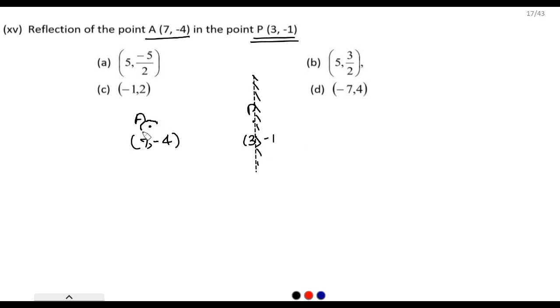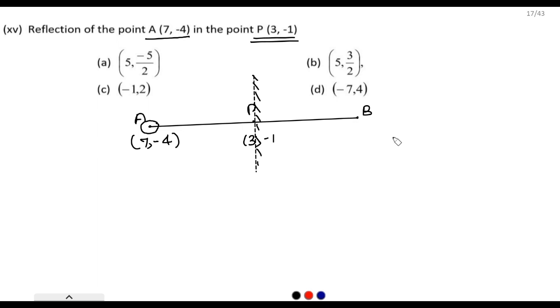Then reflection of this, means image of this, will be formed at an equal distance behind the mirror. Suppose at point B. Then AP will be equal to BP, which means P will be the midpoint of AB.